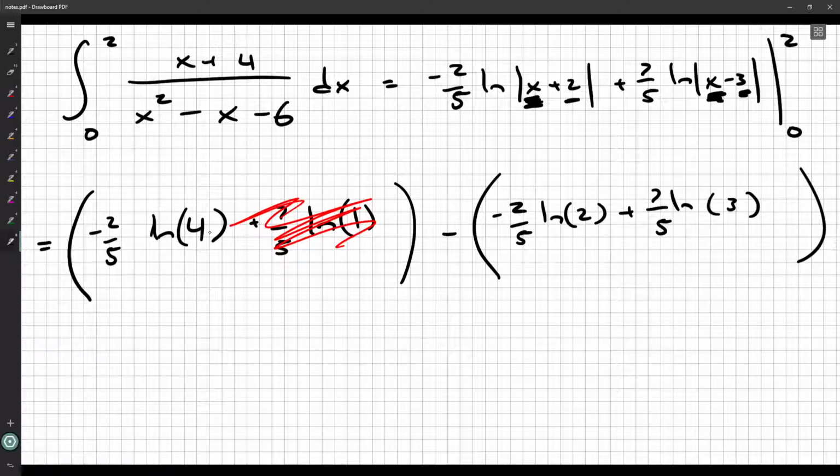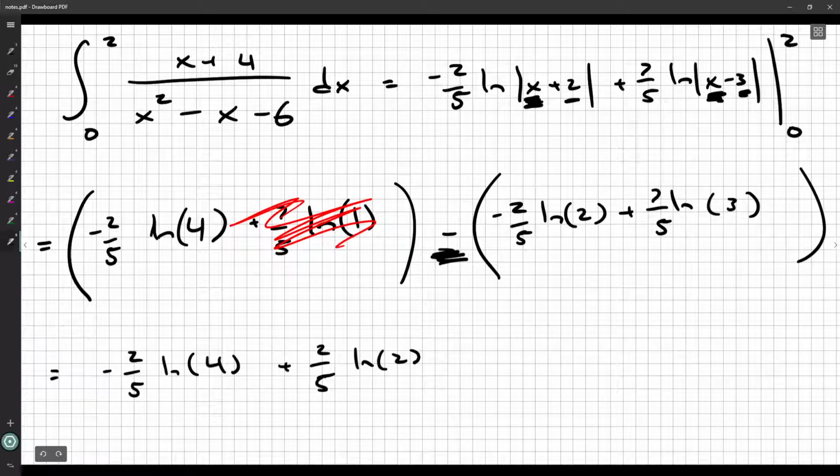Okay, so now, what can we do? Well, we can distribute this minus sign here. So we get minus minus, so that's plus 2/5 ln 2. And then minus times the plus here is actually going to give me minus 7/5. Where can we go from there?